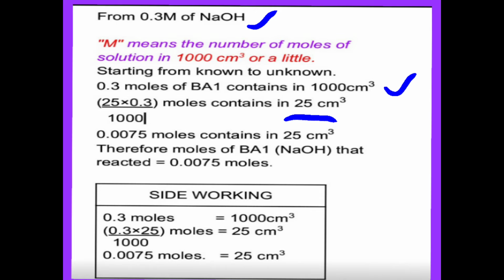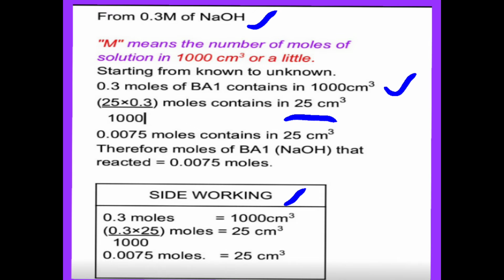Let us look at the side working down here. We started by saying that 0.3 capital M means the number of moles contained in 1000 cubic centimeters. In this case, we have 0.3 moles contained in 1000 cubic centimeters.